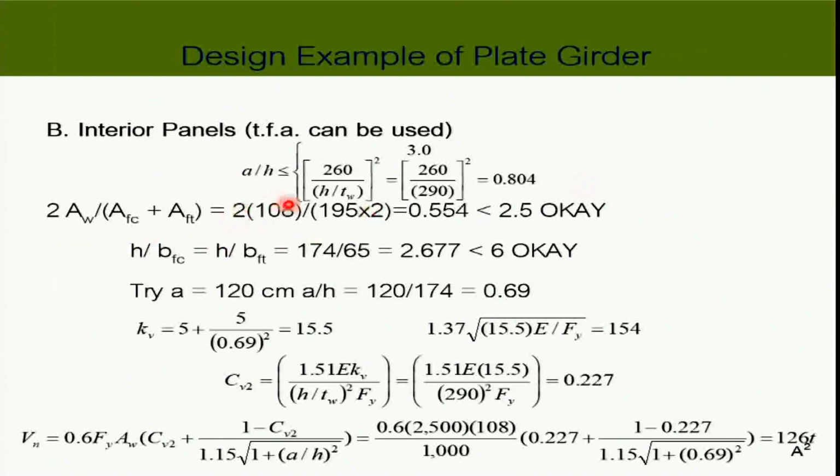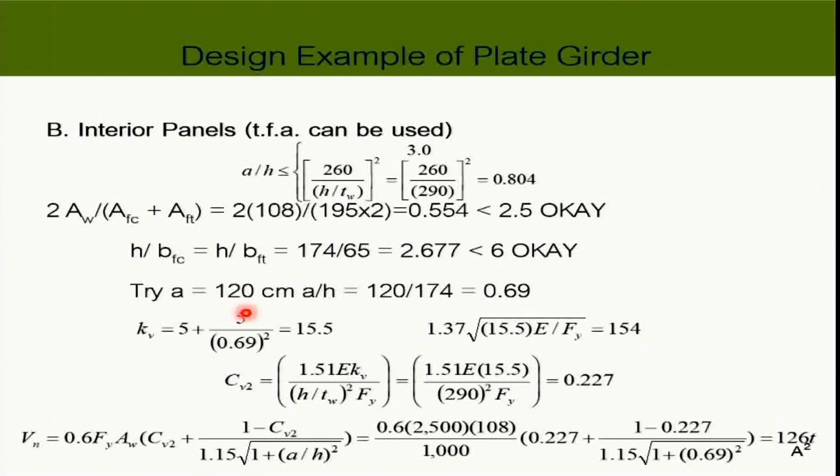This is the old approach, so I need to satisfy this ratio. So in the end, I try the size of the panel. And when I try the size, I have the a over h ratio, and then I now can calculate my real Kv, because I am going to use the stiffener to create the panel. That means Kv can be calculated by using this formula.